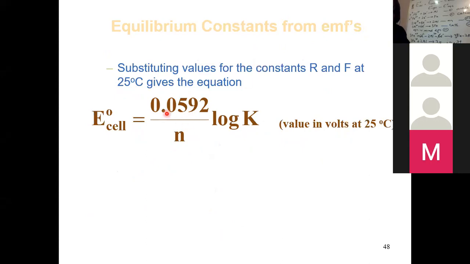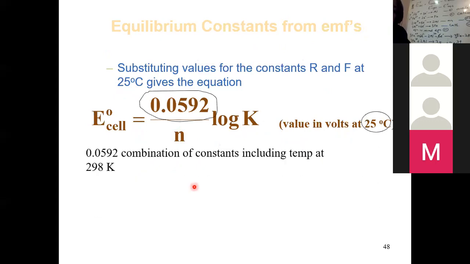Then you can substitute that into the equation to give you 0.0592 divided by n, log K. So this is what you have as the standard EMF of the cell.